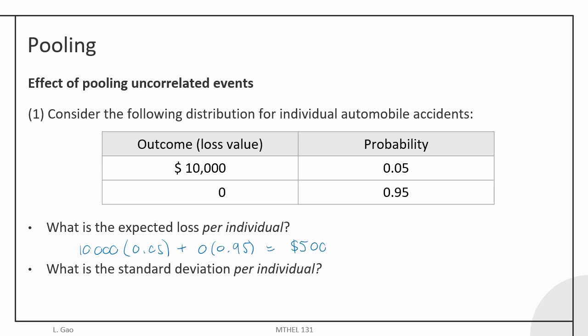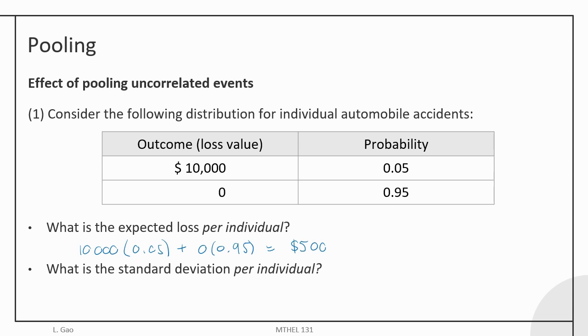And so the standard deviation for this individual loss, without any pooling so far, just looking at this individual loss, once again, this is going to be the average of the squared difference of each outcome from the mean, weighted by the probabilities.